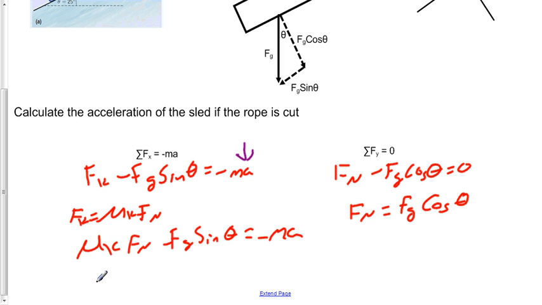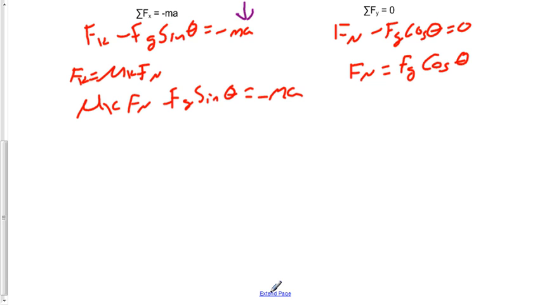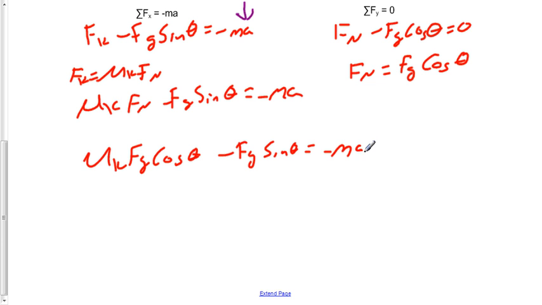And again, I know that Fn is equal to Fg cos theta, so I can write this as mu k Fg cosine of theta minus Fg sine theta equals negative ma.